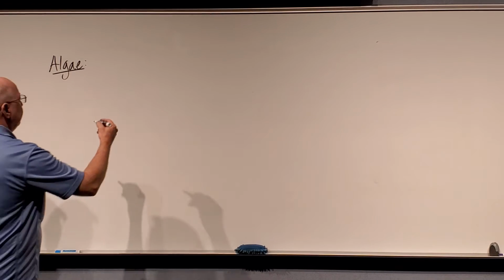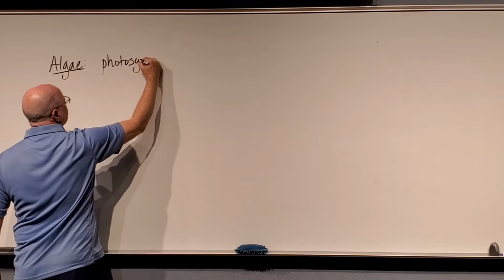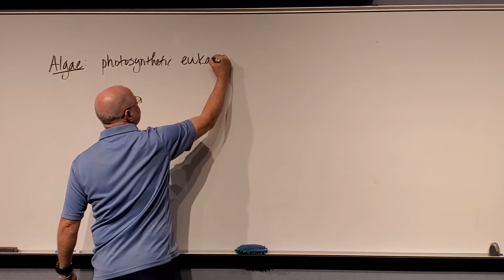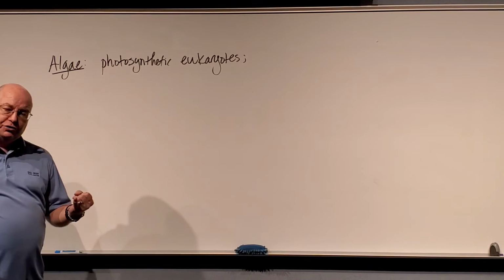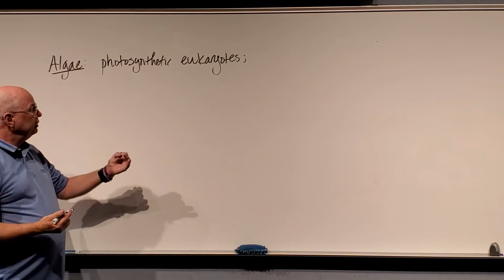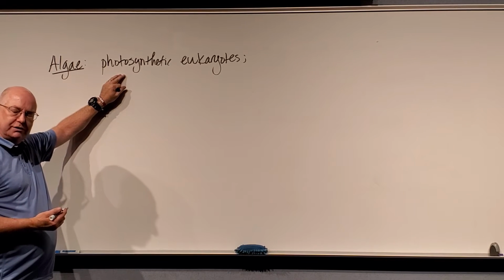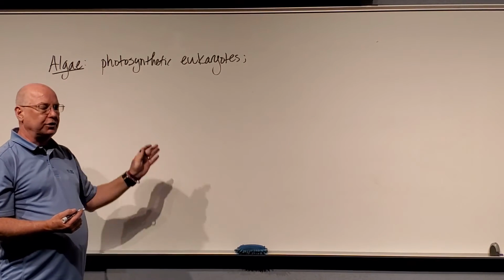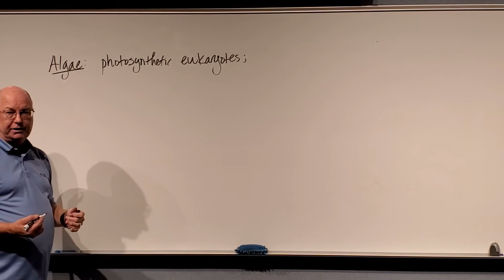Now, one of the things that we know about algae is that they are photosynthetic eukaryotes. They have a true nucleus with a membrane around it. They have other membrane-bound organelles, and they're capable of using photons of sunlight to convert carbon dioxide and water into sugar. So they're photosynthetic, okay?